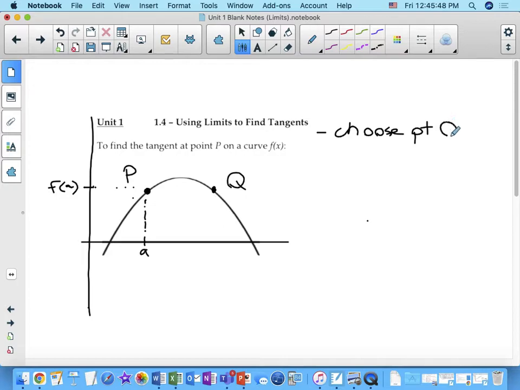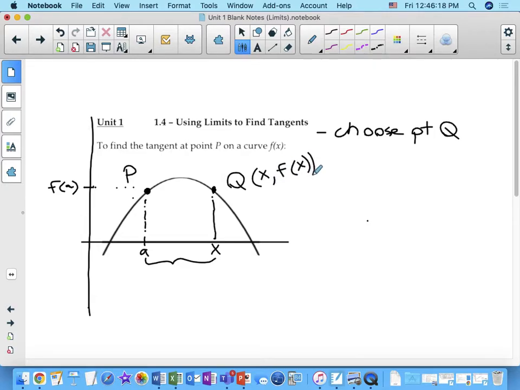So we choose point Q. Let's say that this is over here, x. Actually, I should have put x, f of x.